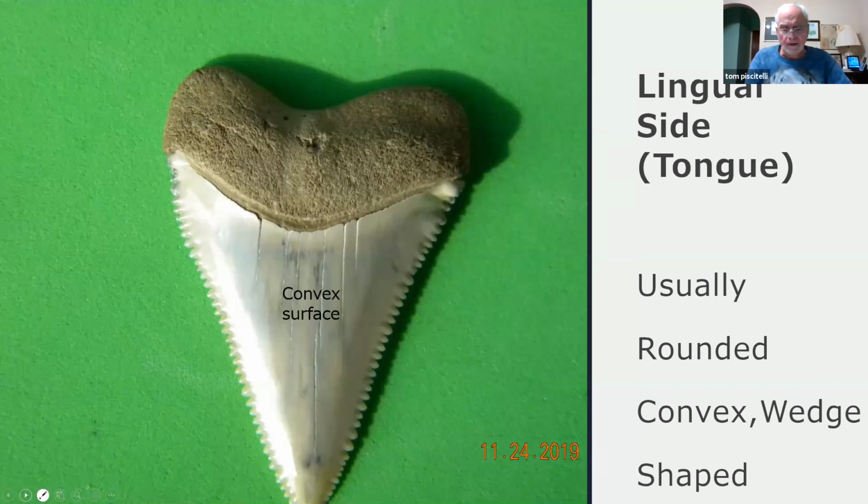The lingual surface is usually slightly rounded with a convex shape. This rounded, wedge-shaped inner side of the shark tooth moves the sliced off flesh of its prey further into the shark's mouth so it can be swallowed. Next, please.